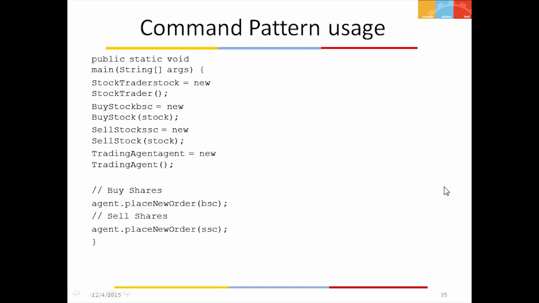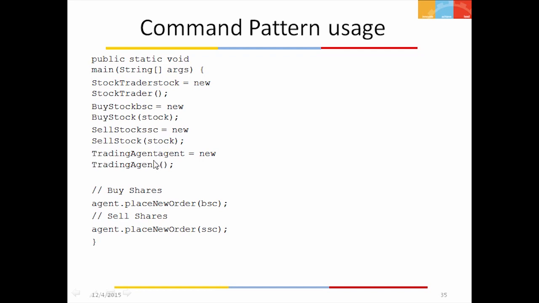So let's look at the example here. Here we will see that this is the main class, which is essentially the usage, the client. What the client does is it creates a new stock trader. Then it creates a command called buy stock, BSC, and a sell stock command, SSC, new sell stock.